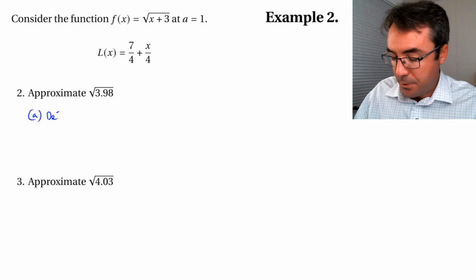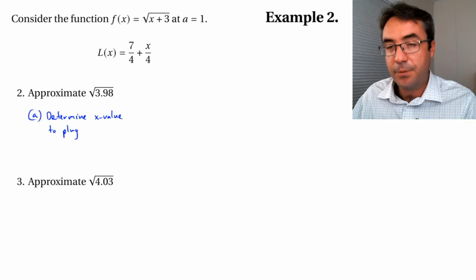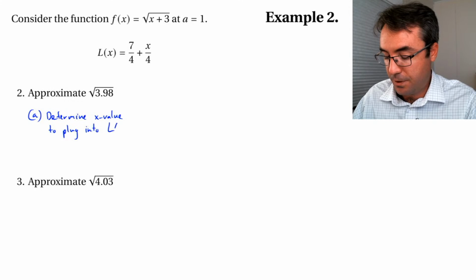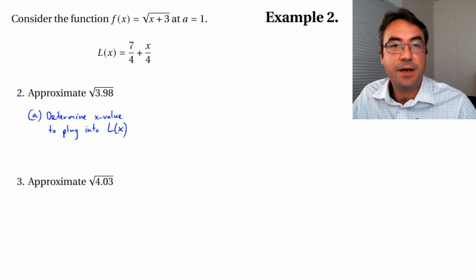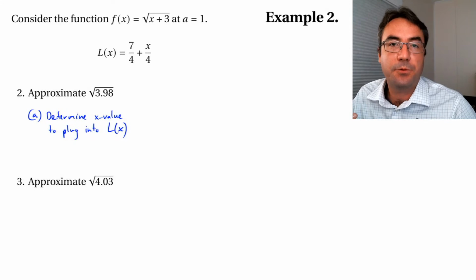First step, we need to determine the x value that we need to plug into function L of x. That's going to give us our approximation of the square root of 3.98.